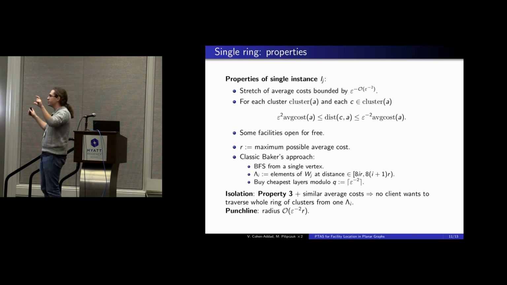And the intuition is that if you look at one such ring, you can argue that a client would never travel this ring from inside to the outside or the other way around. It's too thick; there's always an optimum solution facility closer to it. So if you do Baker for that, you buy every 1/epsilon² layer, you pay little, by the same argument as previously, and you have some isolation: between the rings you bought, the client will never cross the ring you bought. So you now have a bounded radius if you contract the inside.